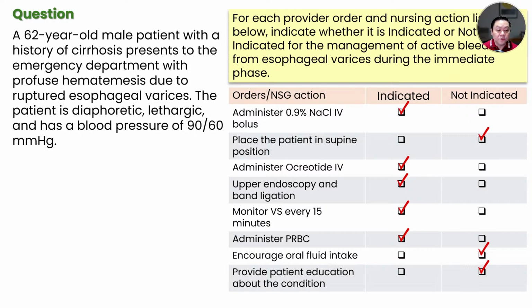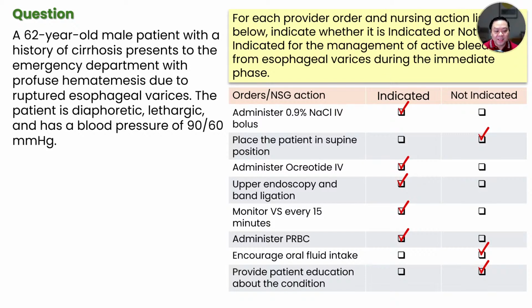What you should focus around this time would be to stabilize the patient, and we can provide the education after the bleeding has been controlled, and again, when everything has been stabilized. All right. Look back into the stem of the question. Management of active bleeding from esophageal varices during the immediate phase.